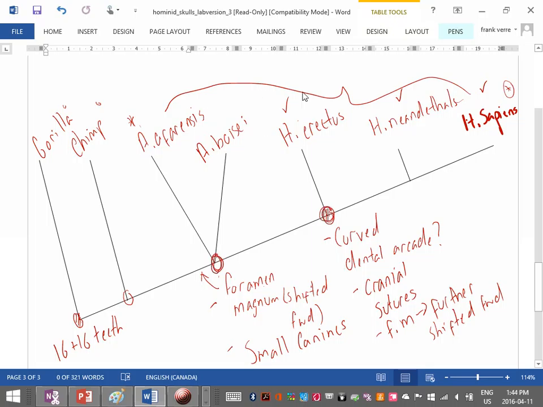Really all of the members of the genus Homo should have less constriction than the other ones. You guys not see that? So when you look at a gorilla, you see how it really curves in quite a bit? But you look at Homo erectus, it doesn't curve in nearly as much. So there's a big difference there.